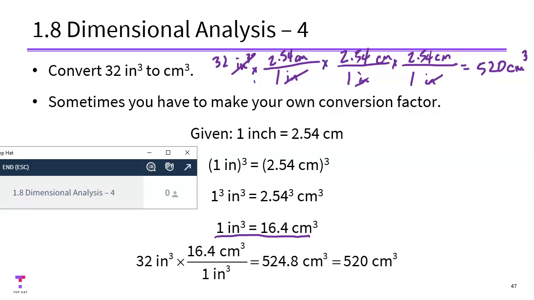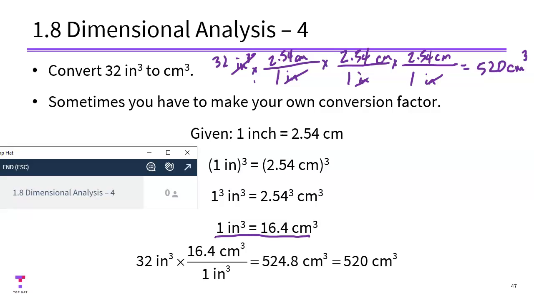So really how you get there is not the issue at all. The issue is making sure that you understand that the conversion itself is derived directly out of the conversion that we already know. We already know the inches to centimeters conversion. It's just a matter of how we apply that conversion to do the calculation that we're being asked to do.